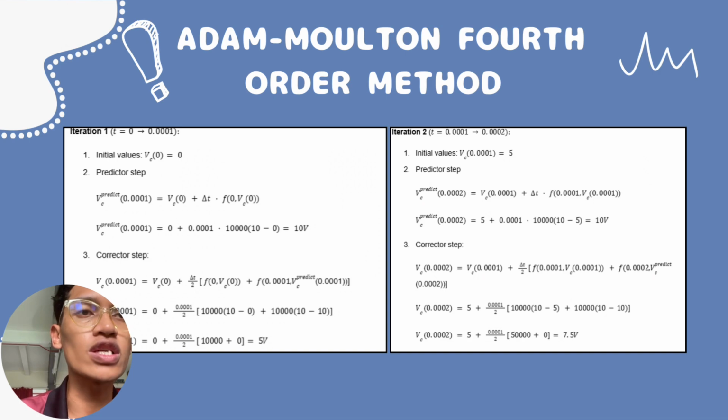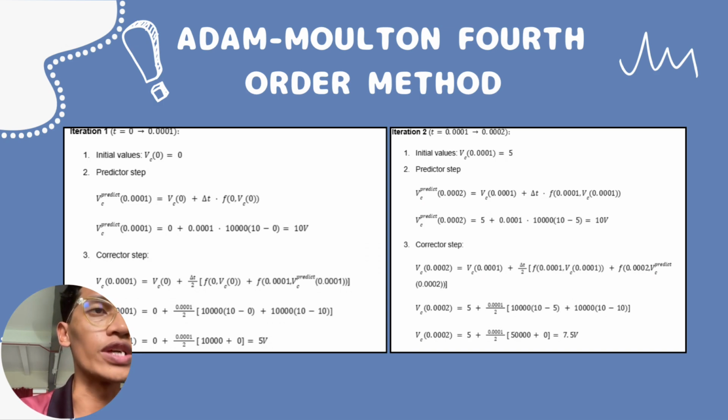V predict(0.0001) equals 0 plus 0.0001 times 10,000 times (10 minus 0), equal to 10 volts. The corrector step: VC(0.0001) equals VC(0) plus delta t over 2 times (F(0, VC(0)) plus F(0.0001, V predict)). VC(0.0001) equals 0 plus 0.0001 divided by 2 times (10,000 times (10 minus 0) plus 10,000 times (10 minus 10)), which equals 0 plus 0.0001 divided by 2 times 100,000, equal to 5 volts.